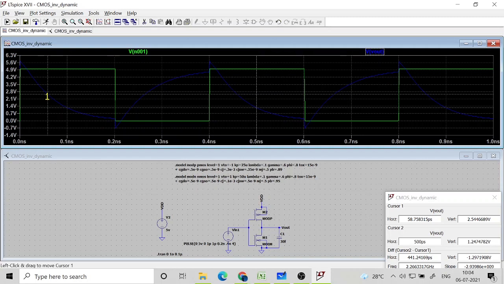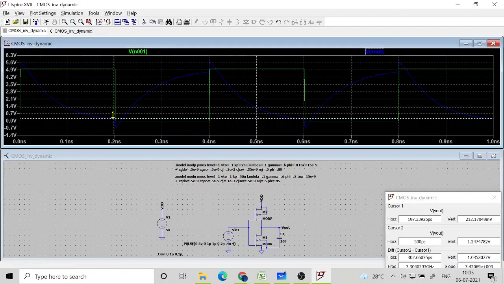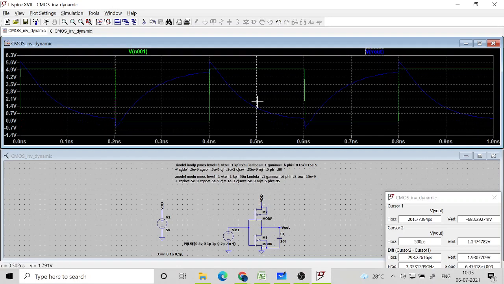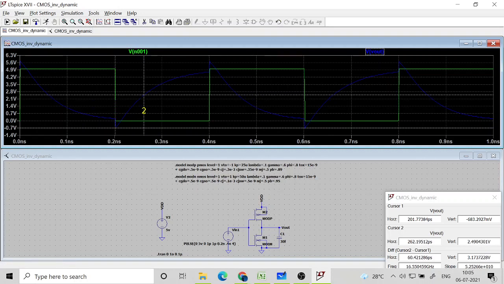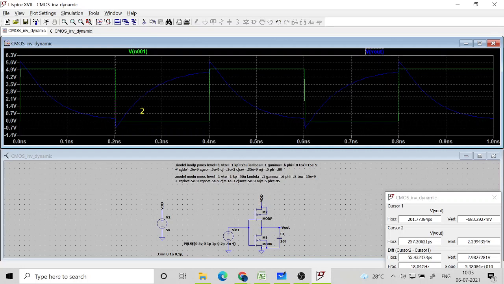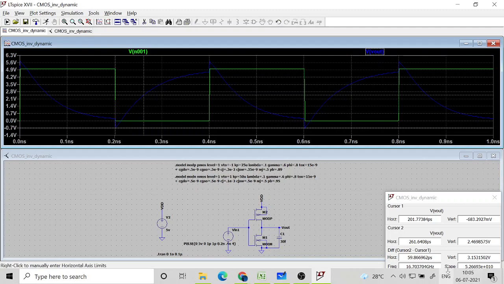We can see that it is 58 picosecond, and for rise time, roughly this, that is 59 picosecond, the difference between cursor 1 and cursor 2.